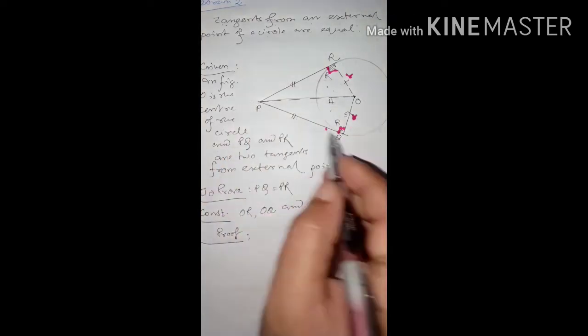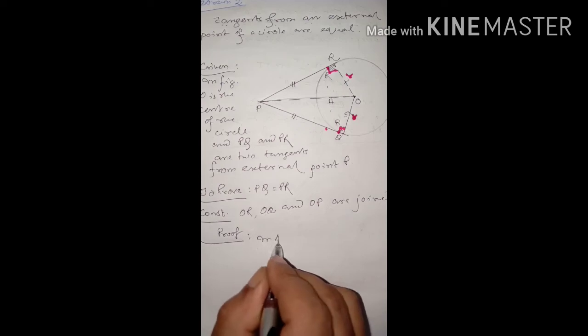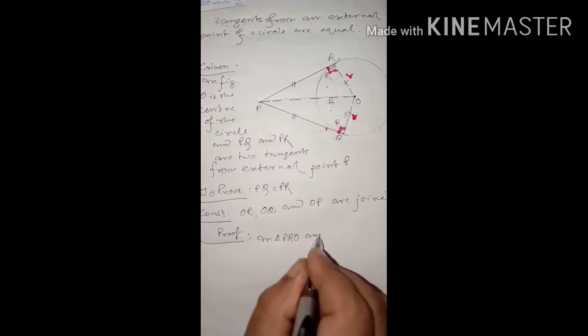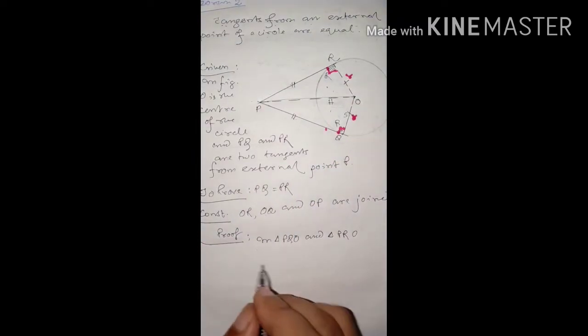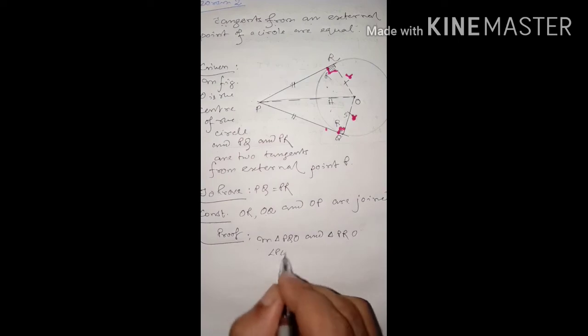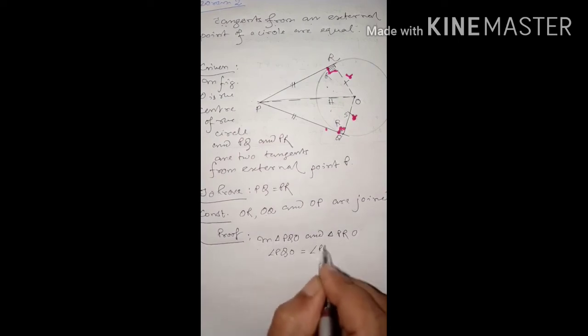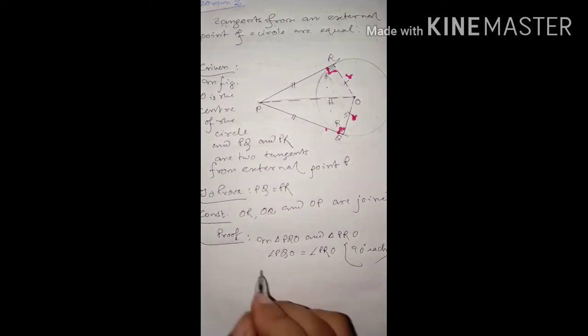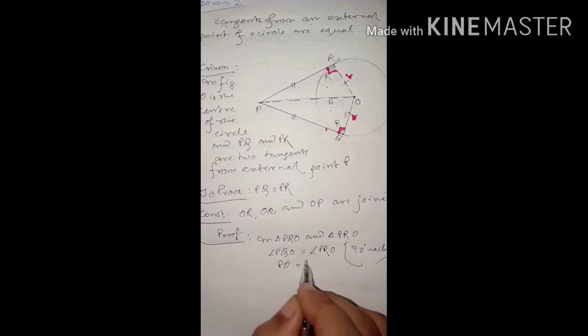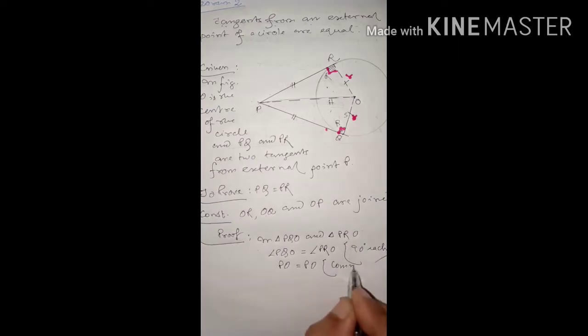In triangle PQO and triangle PRO, angle PQO is equal to angle PRO, 90 degrees each. PO is equal to PO, common side. Then OQ is equal to OR, given, radii, they are equal.